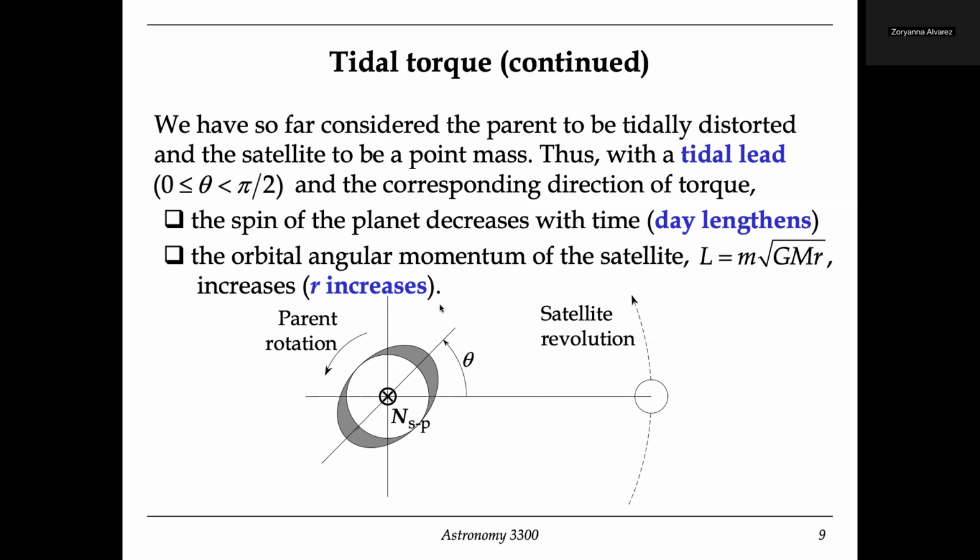So if I have a tide that is lagging, it's going to act to do what to the rotation of the parent body? Speed it up. And the angular momentum is going to do what? Decrease. Why?